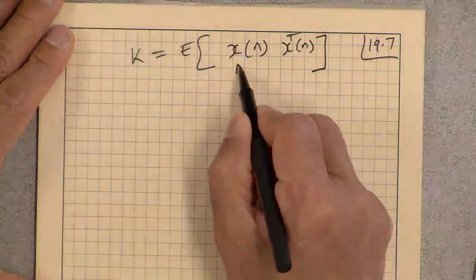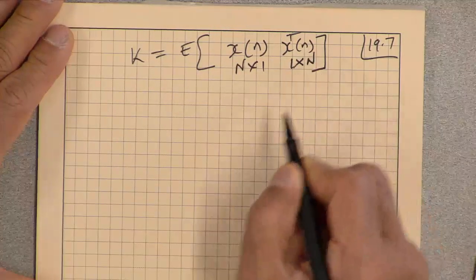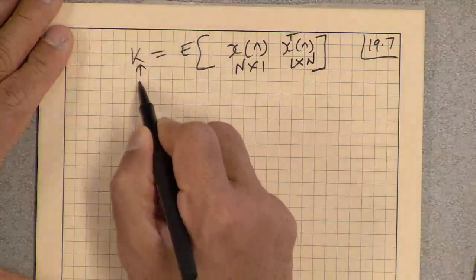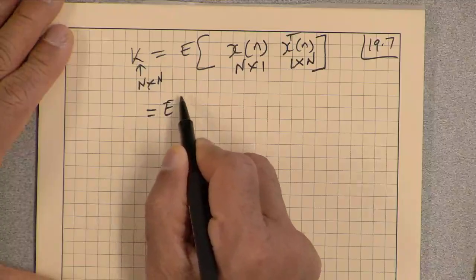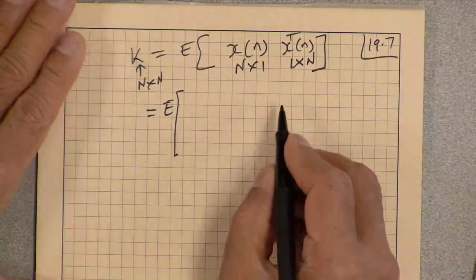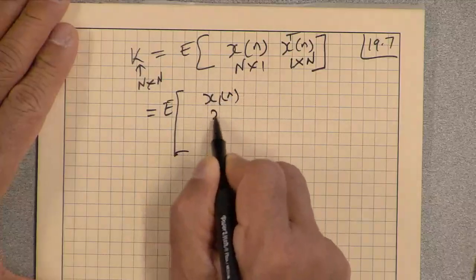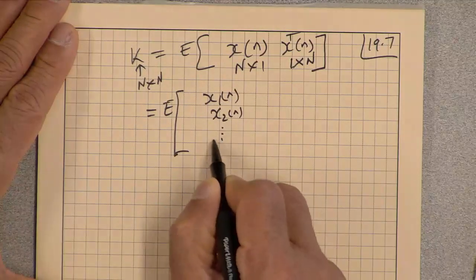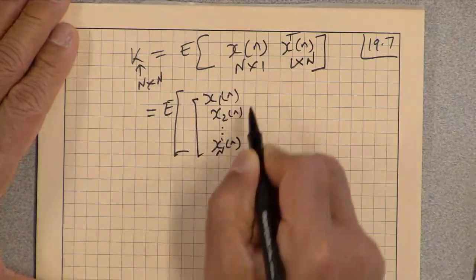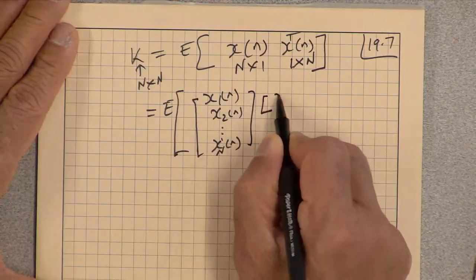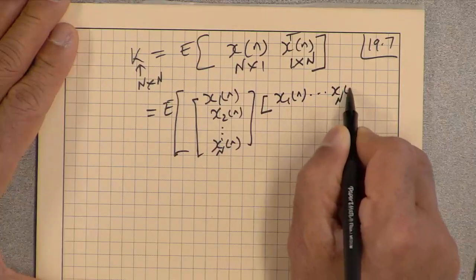K is an n by n matrix. It is the expected value of a column vector x1, x2 up to xn times a row vector x1, x2 up to xn.